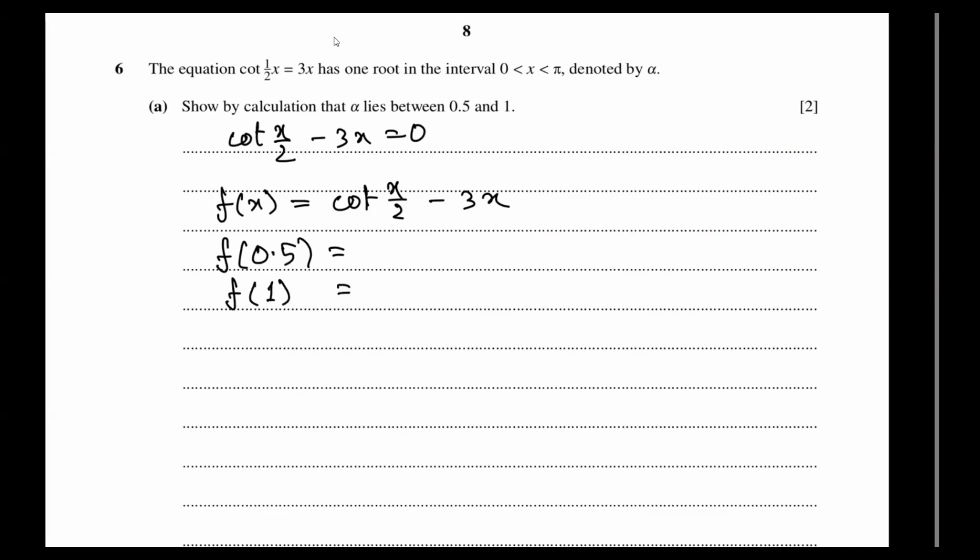Remember, the calculator must be in radians. Here the angle is in radians. So f of 0.5 is positive, 2.416.